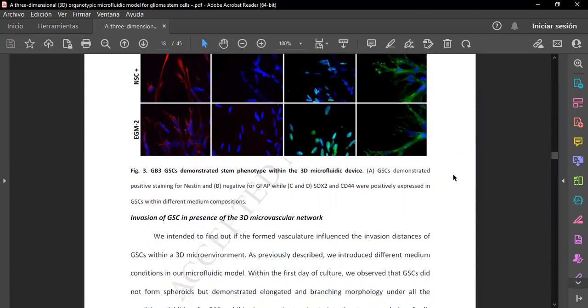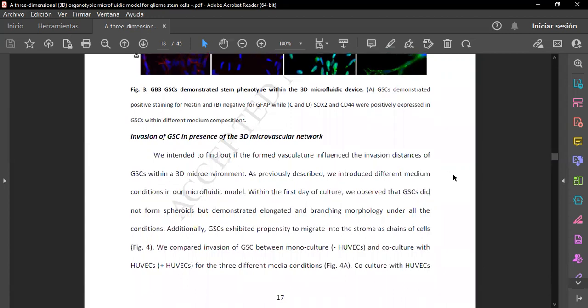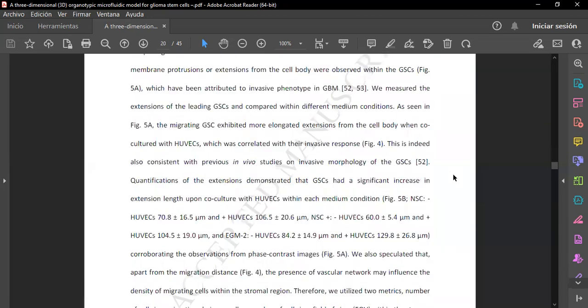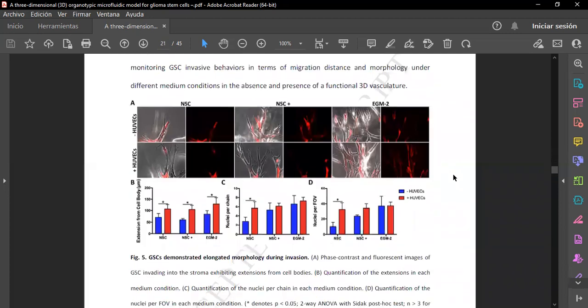In the next picture, you can see that in this culture media, NSC, they register the biggest extension of cell body, the nuclei per chain, and the nuclei in field of view, and the GB3 cells are cultured with HUVEC cells.